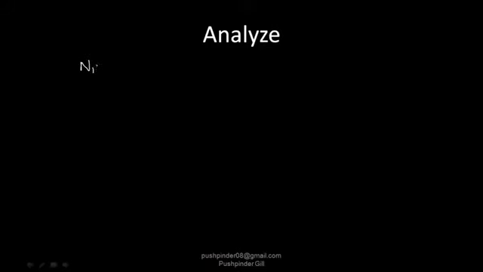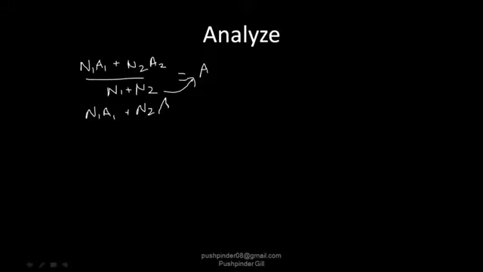So (n1a1 plus n2a2) divided by (n1 plus n2) is equal to a. Let me take this denominator to that side. So that means n1a1 plus n2a2 would be equal to a times n1 plus a times n2.